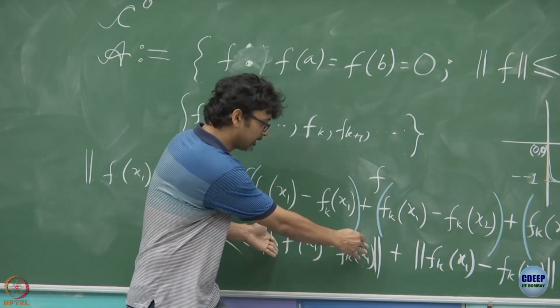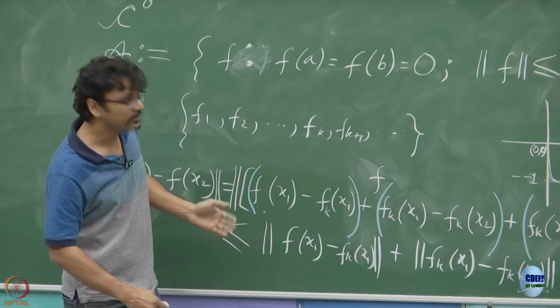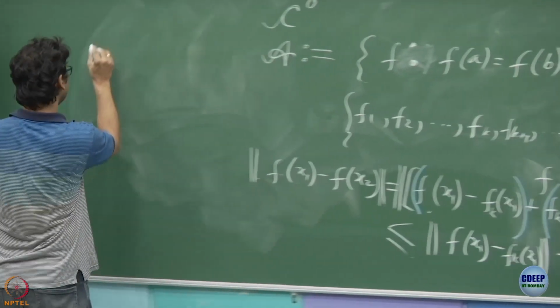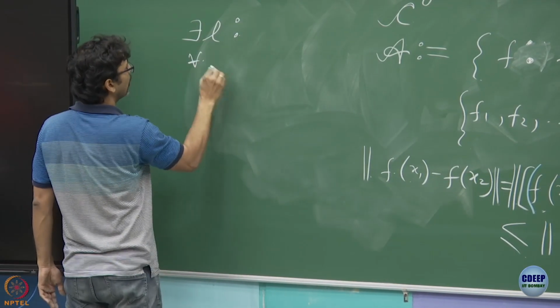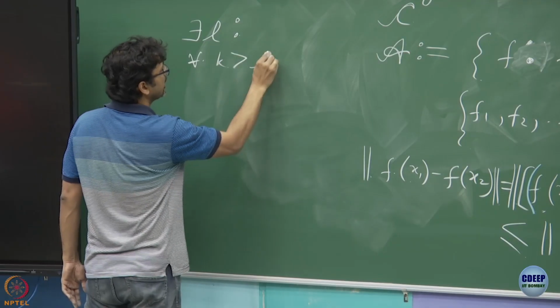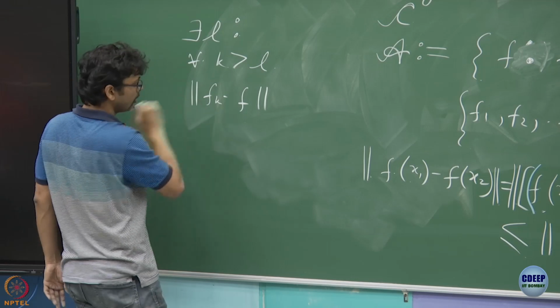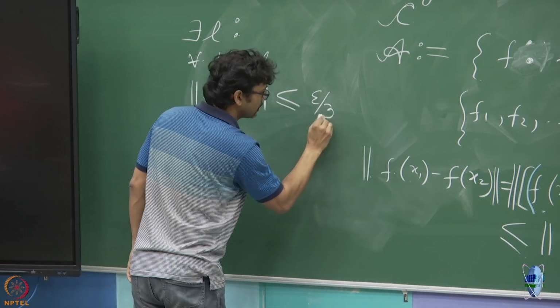So instead of bounding this by epsilon, I'll bound this by epsilon by 3. So there exists L such that for all k greater than L, fk minus f is smaller than or equal to epsilon by 3.